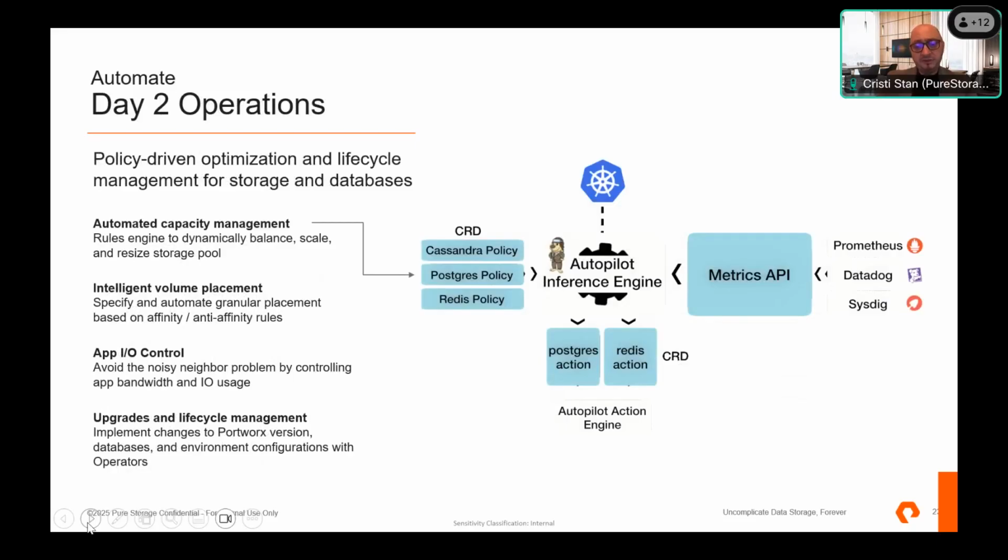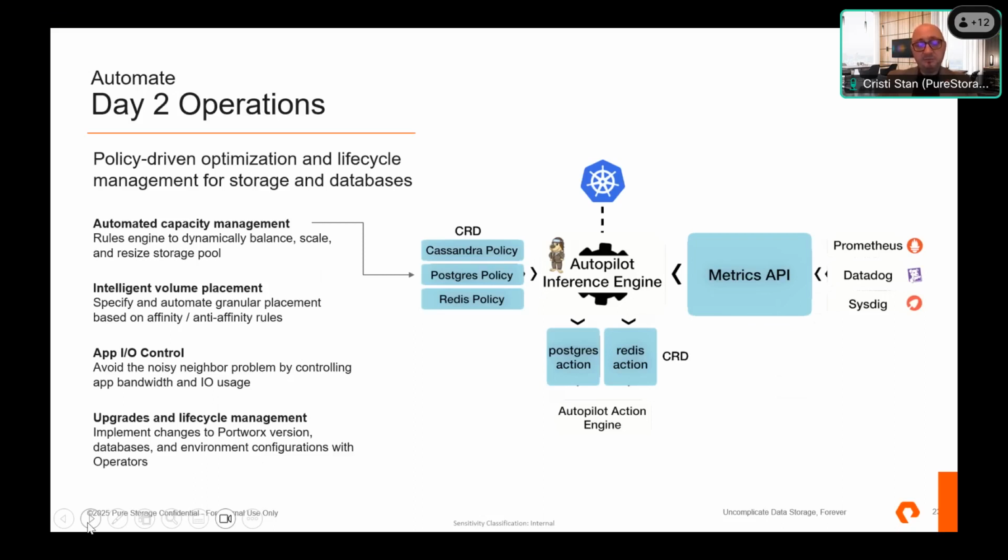I can build region distribution at some point. And we know also how to do, for example, application I/O control. So if I want to be sure, for example, an application is not having issues with noisy neighbors, we can do that from tuning the, let's say, the data plane.